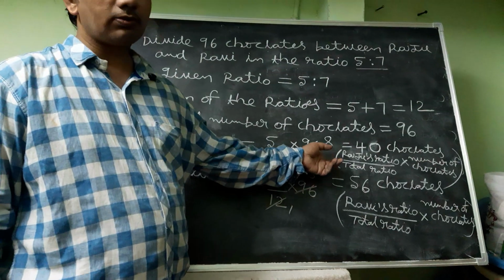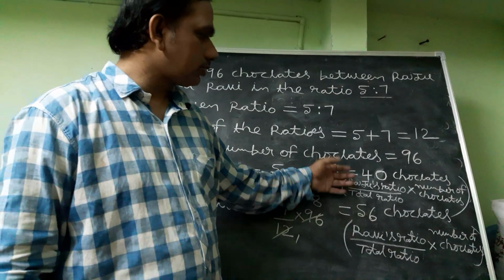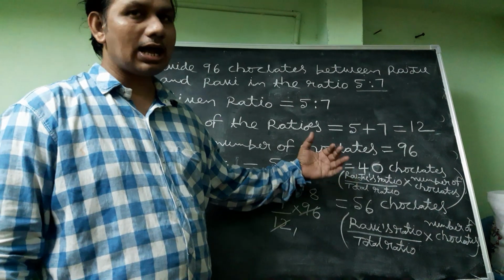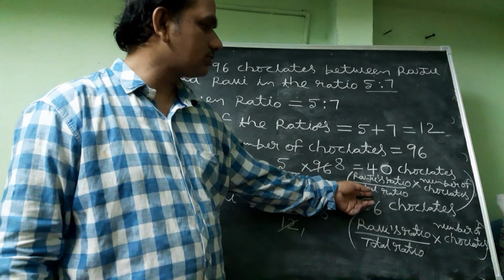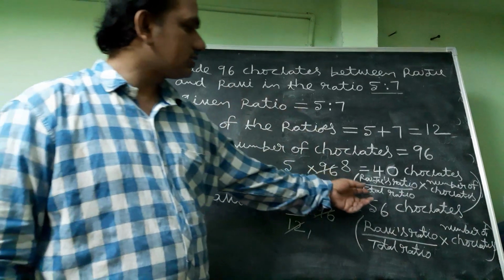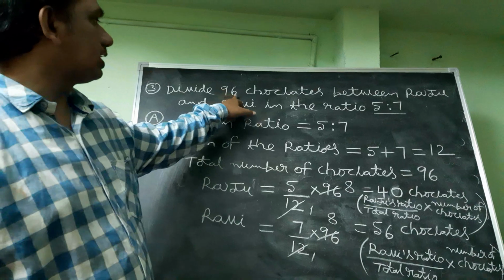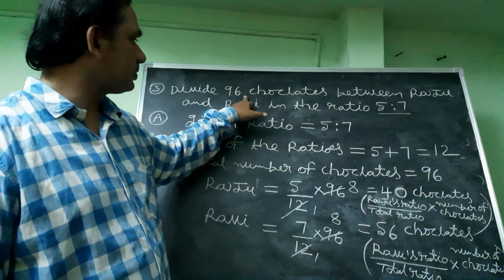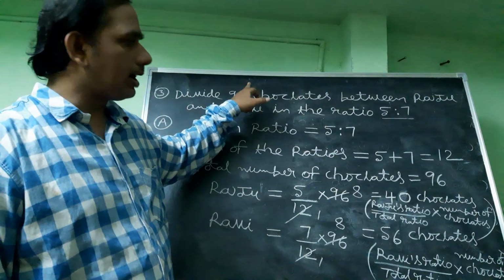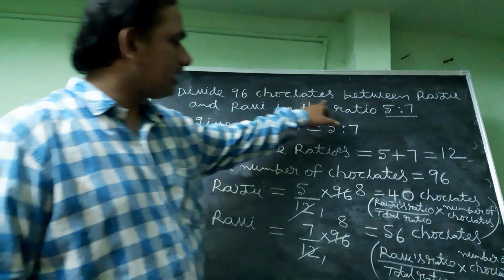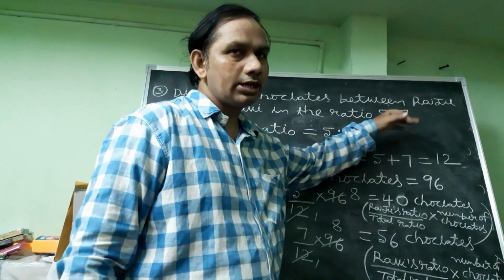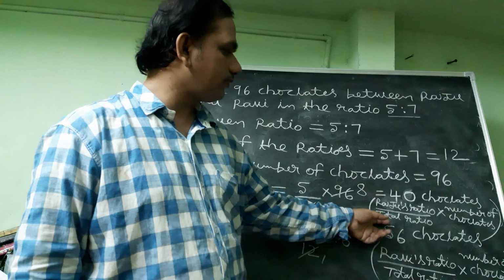You do not need to write this formula in the exam, but for understanding I told this formula. Using this formula you can solve any problem. Here chocolates are there, but you can take biscuits or money or anything that is divided in any ratio, and you will use the formula.